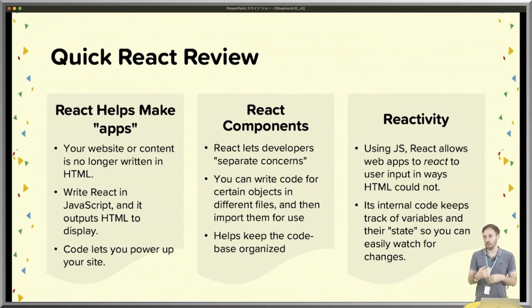So when you would write a website back in the early 90s, you have your H1 header, welcome to my website, and then you have an image tag, and you have to hard code all that stuff in. And nowadays with these modern frameworks like React, you can write JavaScript, which is code. And remember, code does cool stuff, right?